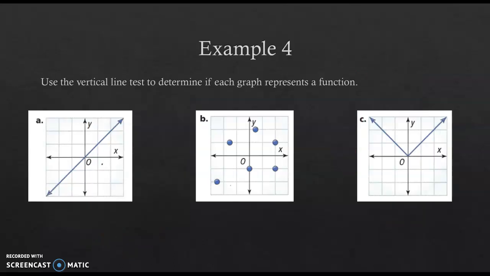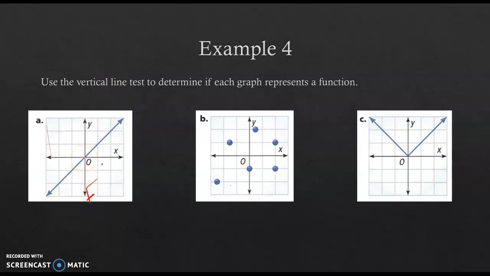All right, so using this vertical line test, determine if each graph represents a function. If I use this vertical line test here, I'm checking through my graph, and at no point when I draw my invisible vertical lines do I ever cross the graph more than once.